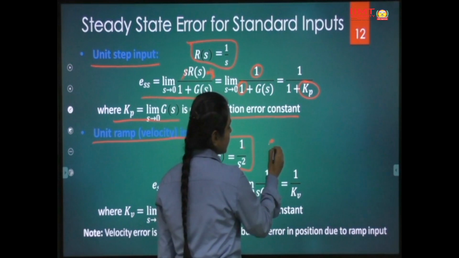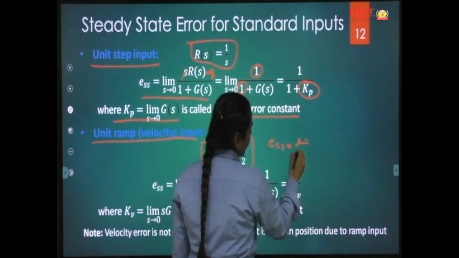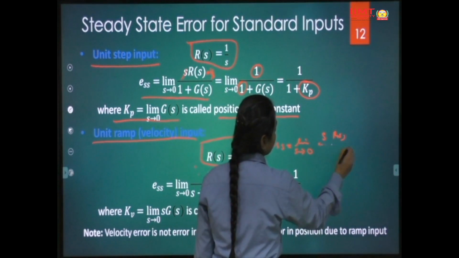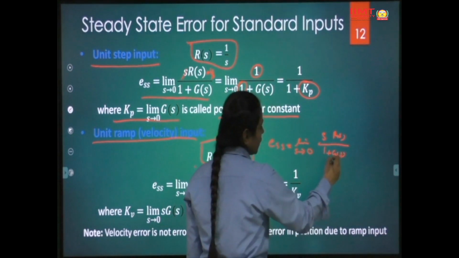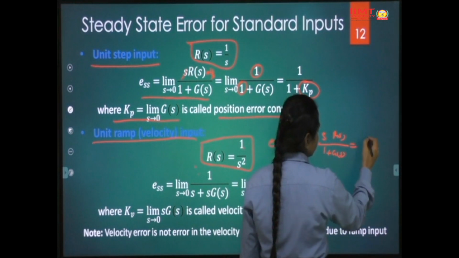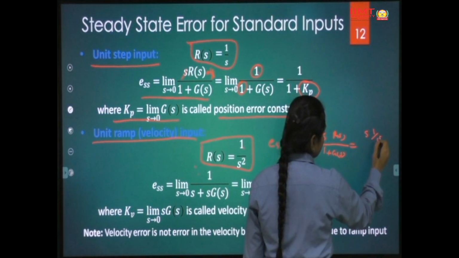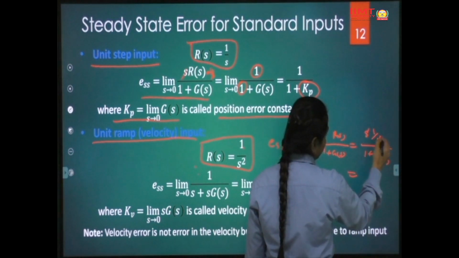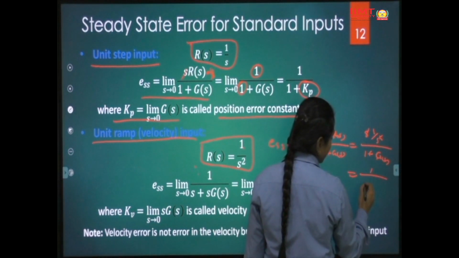So we have ess is equal to limit s tends to 0 s R(s) upon 1 plus G(s). We kept the value of R(s) as 1 by s square, so s into 1 by s square upon 1 plus G(s). We can simply write it as, s gets cancelled, 1 upon s plus sG(s).